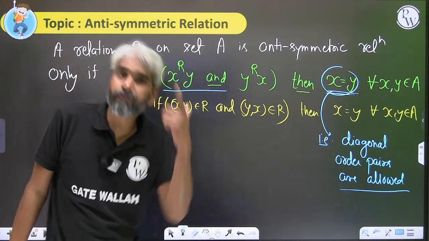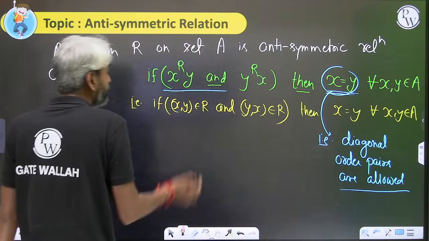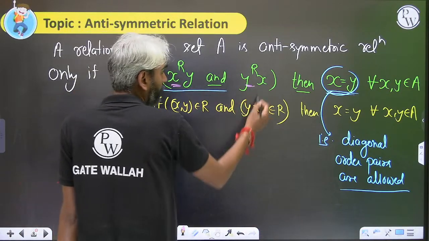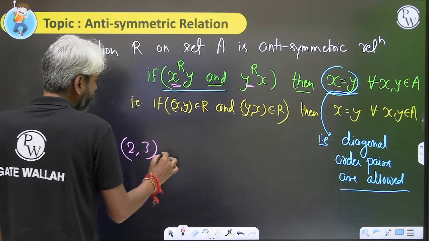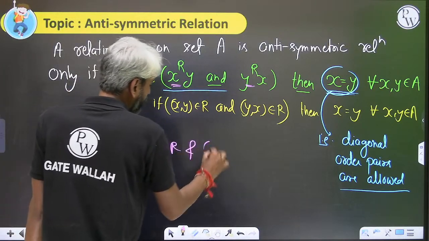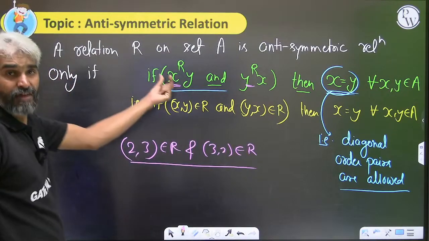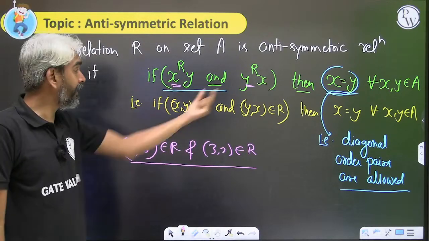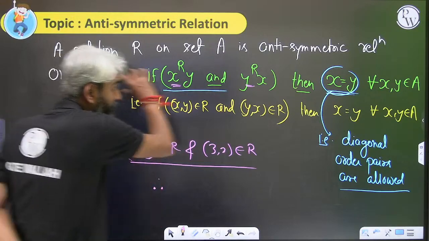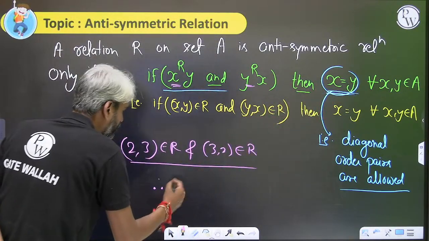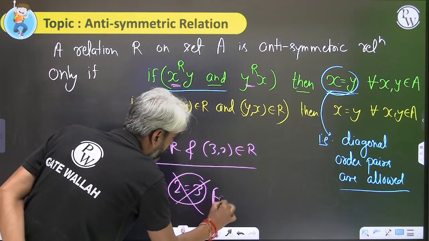But apart from diagonal ordered pairs, if x comma y and y comma x are both present, then x must be equal to y. So if 2 comma 3 belongs to R and 3 comma 2 belongs to R, the if condition is true, but for the statement to be true, 2 should be equal to 3, which is false.